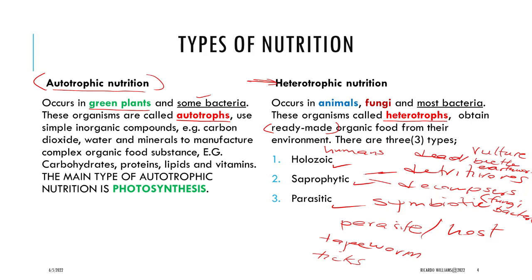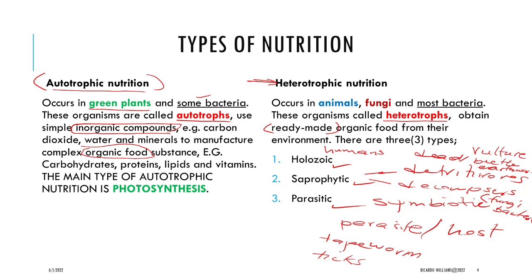What they do is use inorganic compounds, like water and carbon dioxide and minerals, to manufacture organic food. So unlike the heterotrophs that need to obtain ready-made food, autotrophs use raw materials from the environment to create organic food. That's why organisms such as some bacteria and all green plants are called autotrophs.